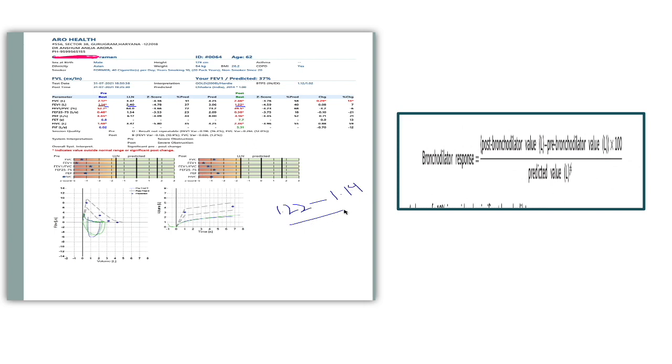We will divide it by his lower limit of normal, which is 2.40, and take a percent of this. So this comes out to be 0.08 by 2.40, which corresponds to 3.33%, and 3.33% is definitely less than 10%. So this patient does not have an adequate bronchodilator response.